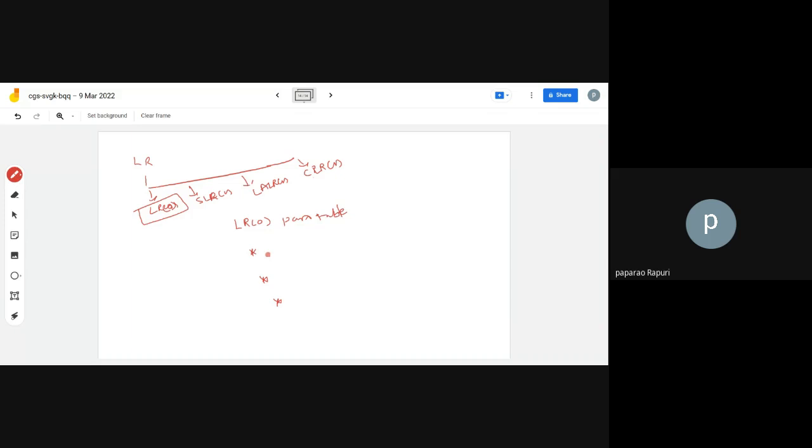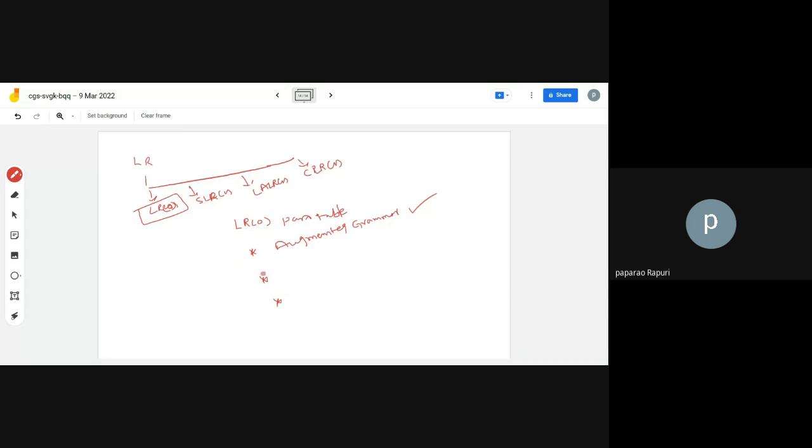First we need to construct the augmented grammar for the given grammar. First thing we need to do is construct the augmented grammar for the given grammar.